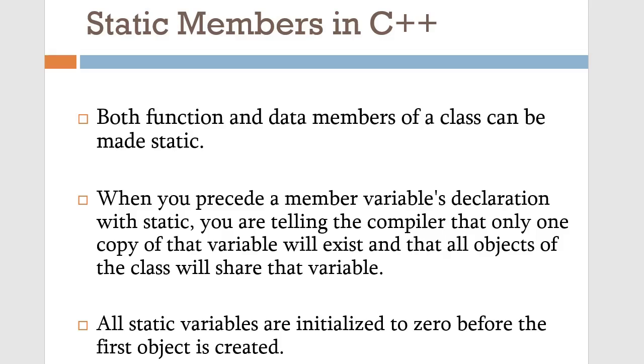When you create multiple objects of a particular class where a static member variable is declared, then no matter how many objects you create, only one copy of that static variable is created, and this copy of this static member is shared across the multiple objects.